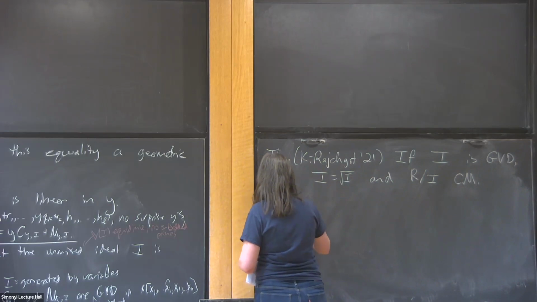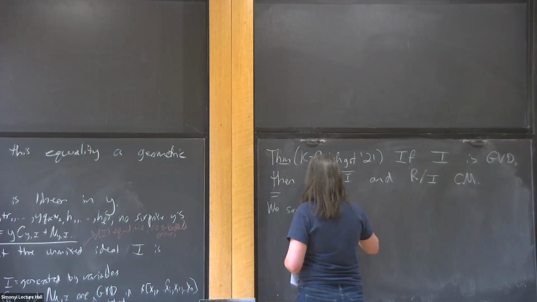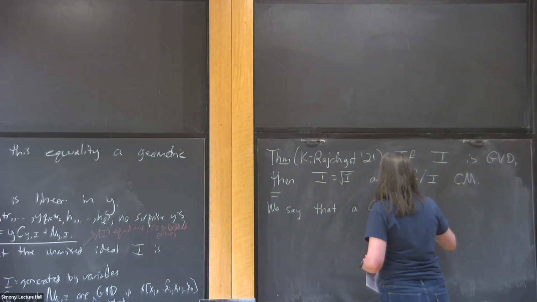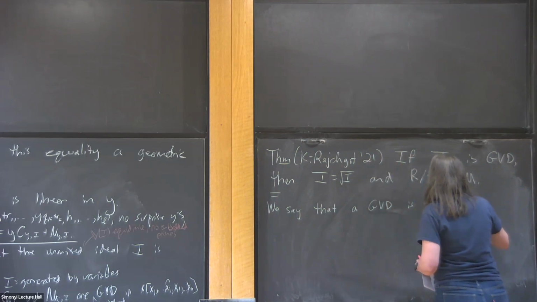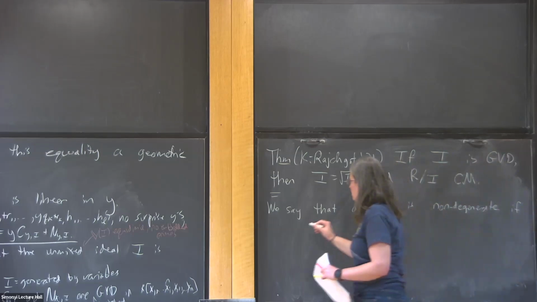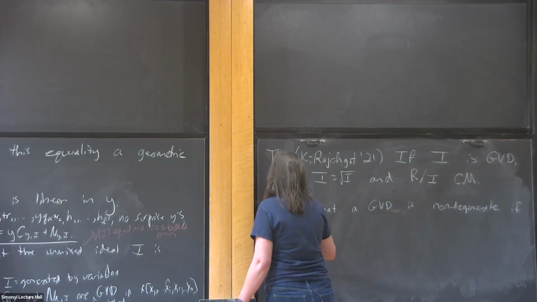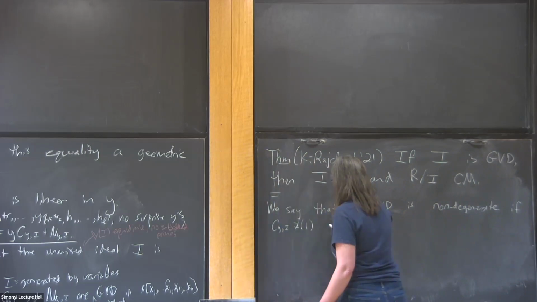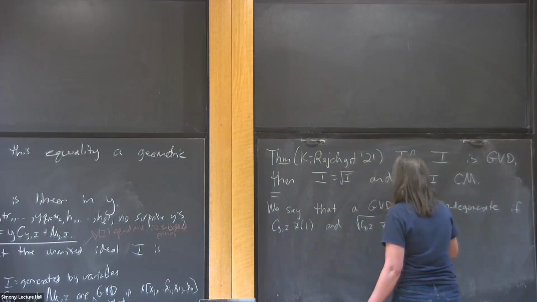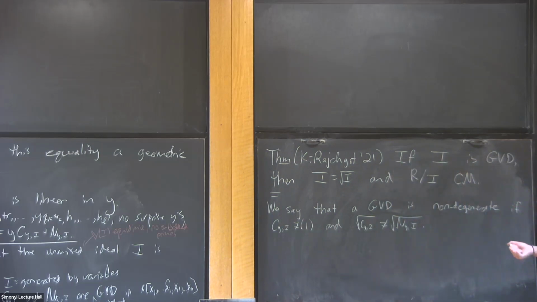So we say that a geometric vertex decomposition is non-degenerate if CYI is not the unit ideal and the radicals of CYI and NYI don't agree.